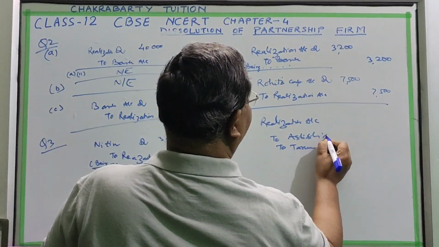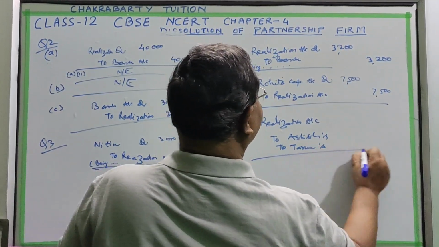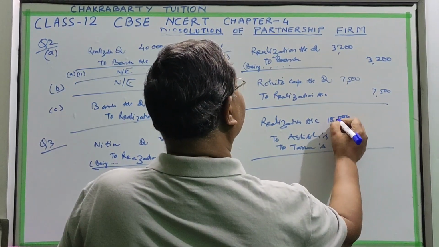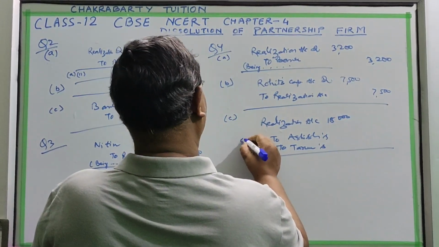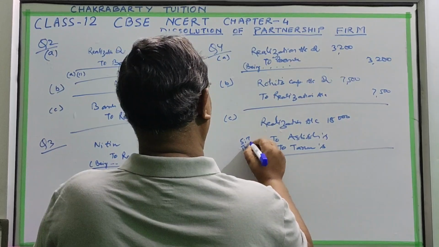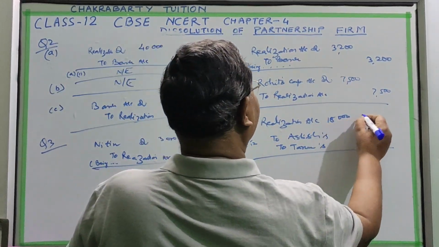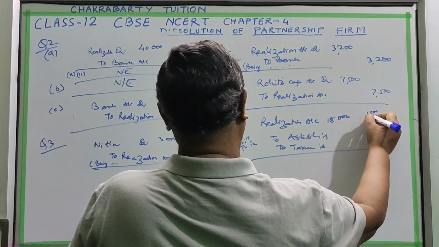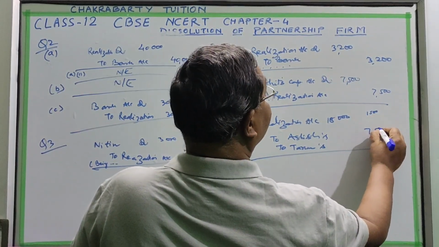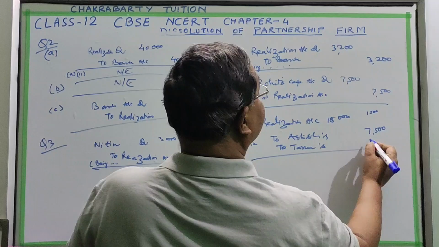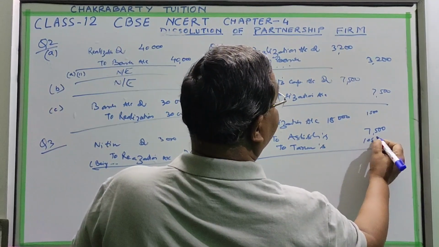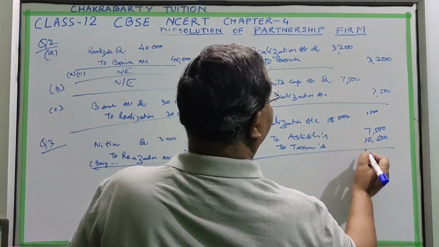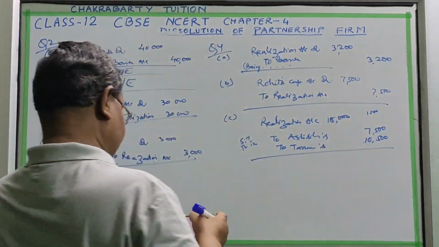The 18,000 you have to divide in the ratio of 5:7, means 5 by 12 and 7 by 12. So 7,500 and 10,500. It will be divided like this.